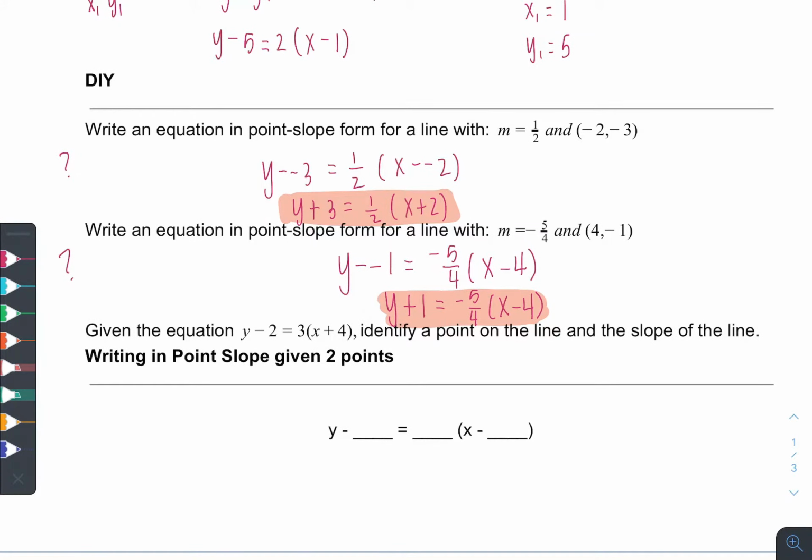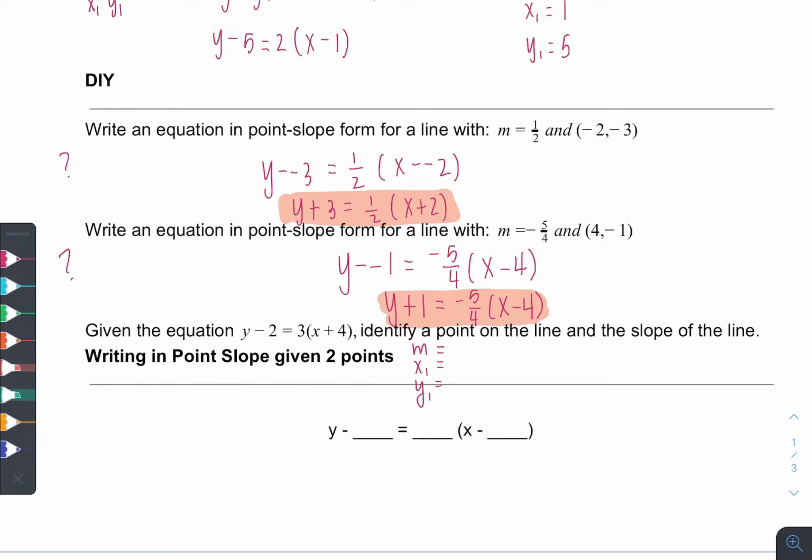Okay, so this last one's kind of hard to see because it's not spaced out properly, but it says, given the equation y minus 2 equals 3 times x plus 4, we want to identify the point on the line and the slope of the line. We want to find m, x1, and y1.